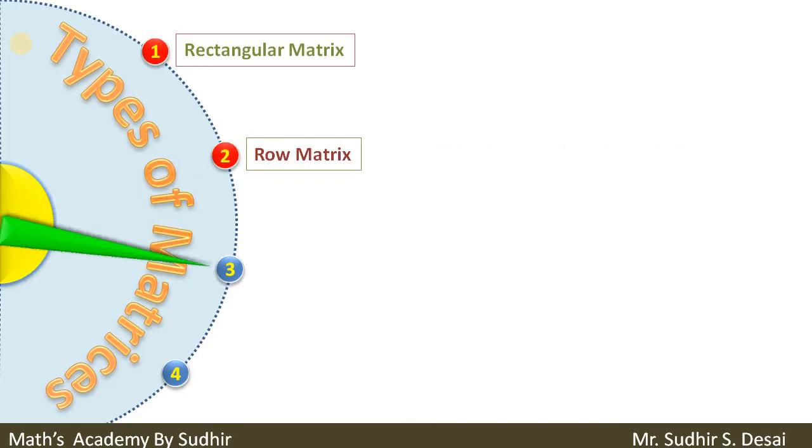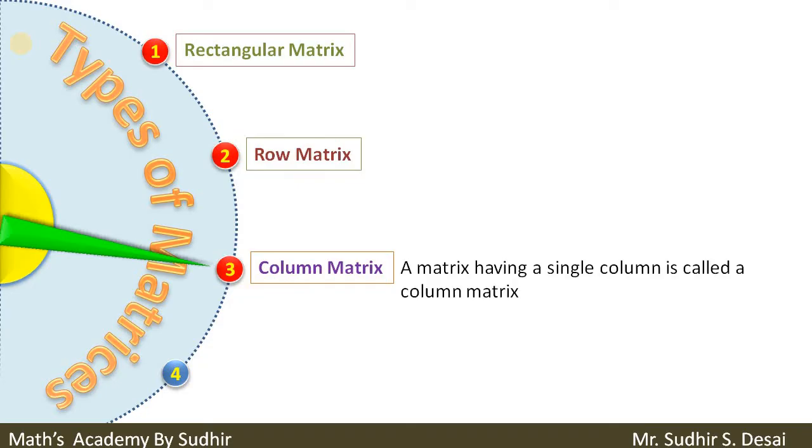Now next definition is of column matrix. So from previous you can define this column matrix. Correct. A matrix having only a single column is called as a column matrix. For example, matrix A 1, minus 3, 2, whose order is 3 by 1.